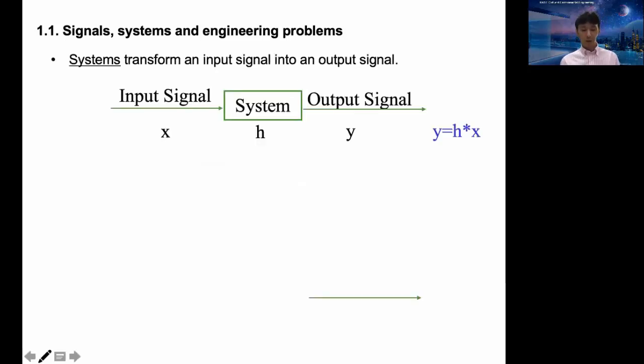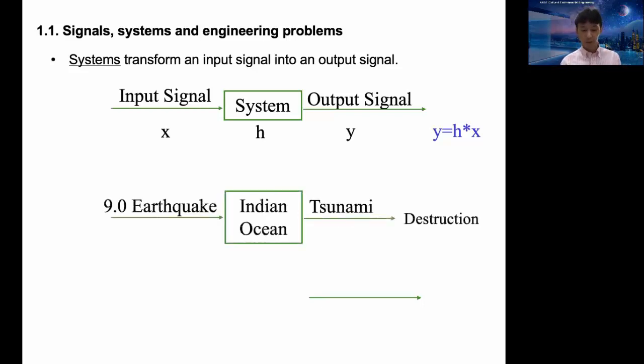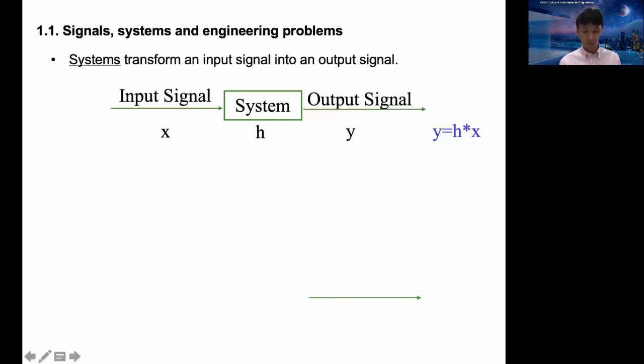The other one is system. System is very important. An engineering system transforms an input signal into an output signal. So you have an input signal, and the system transforms this input signal to an output signal.